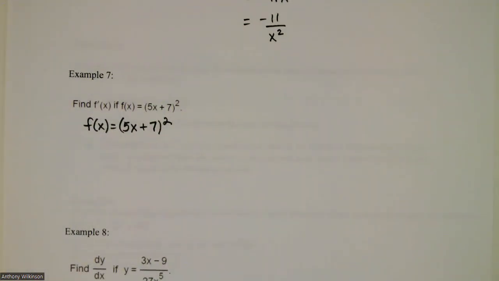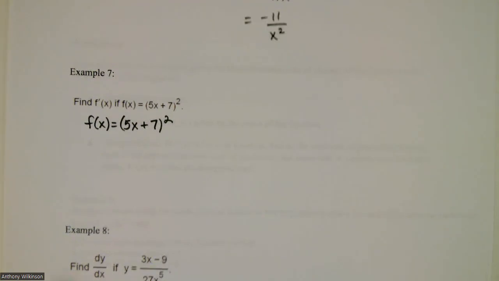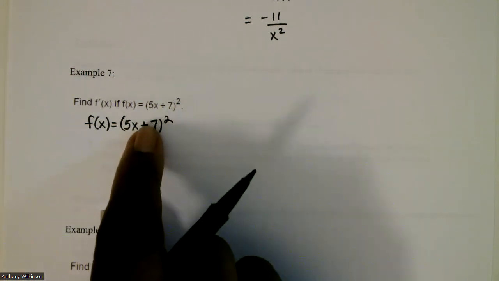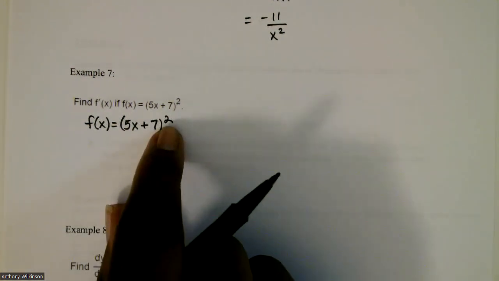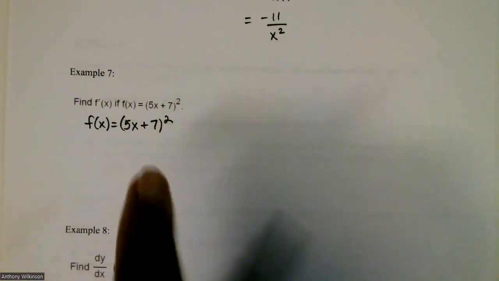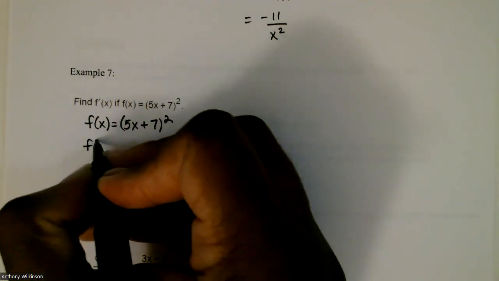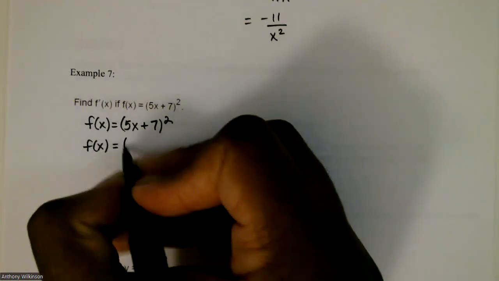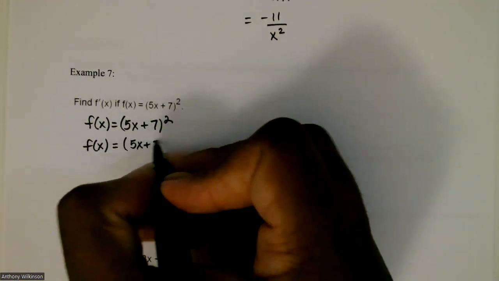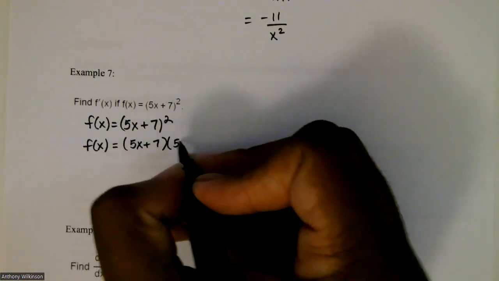Now, there's a rule that we're going to talk about in another video, but since we're only dealing with these properties of differentiation, what we're going to do here is expand this out and then take its derivative. Notice that 5x plus 7 is used as a factor twice. So I'm going to write this as 5x plus 7 times 5x plus 7.